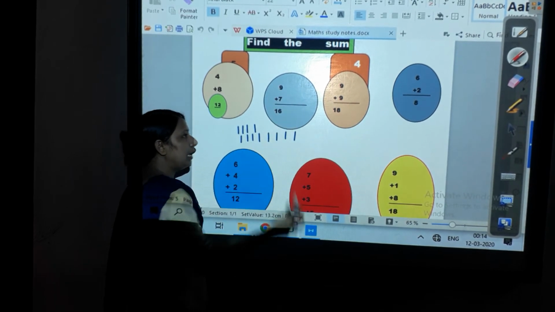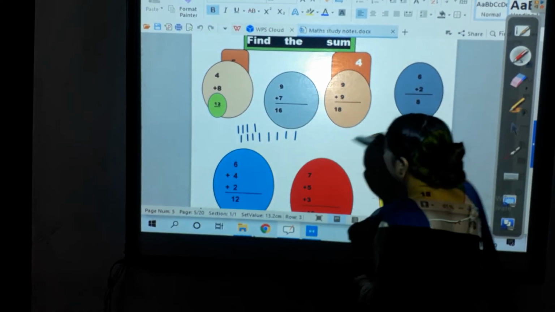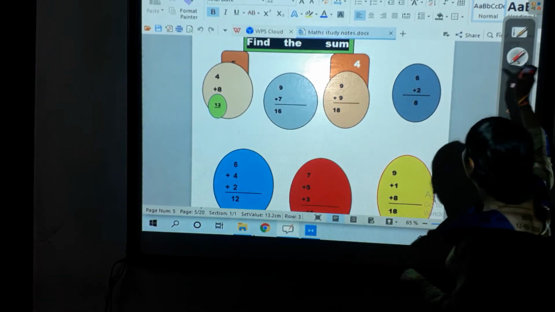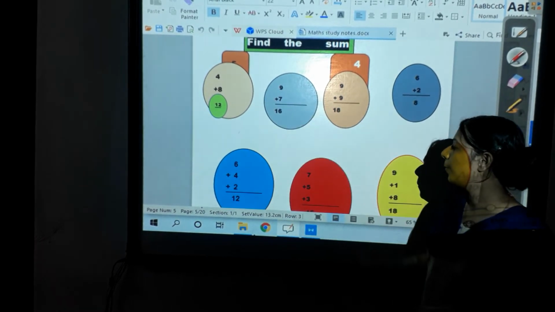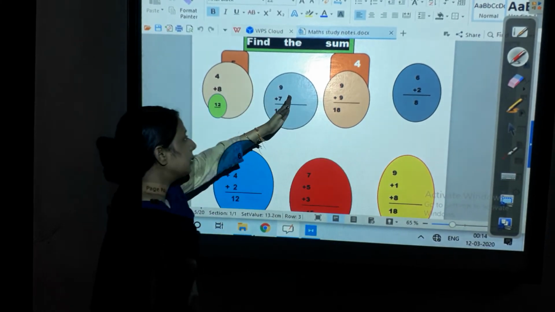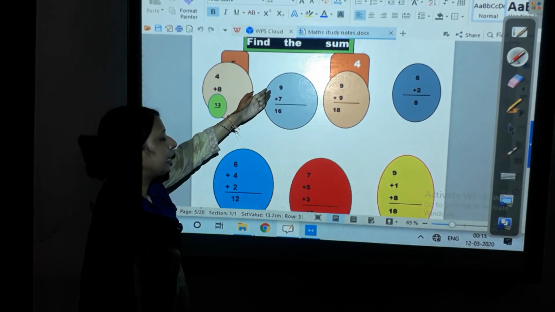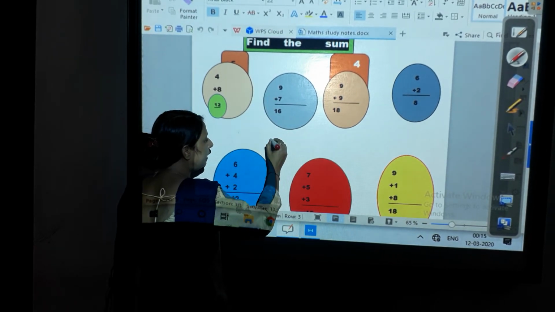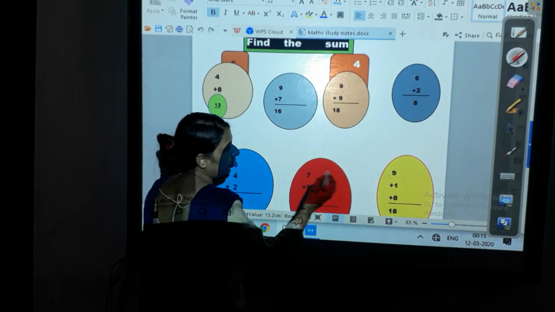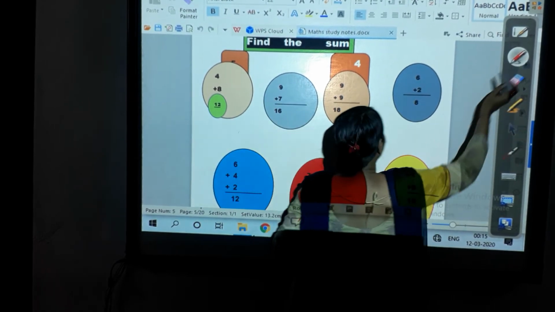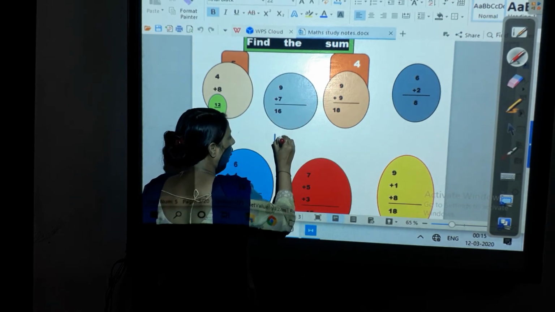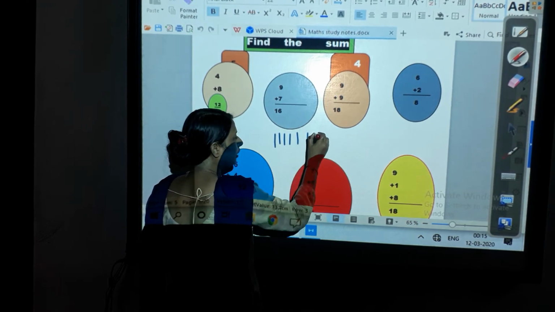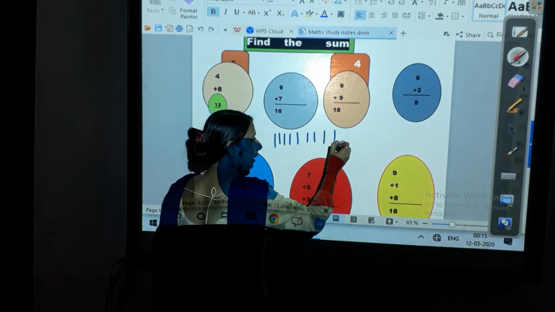Now 9 plus 7. The same process we will do with the help of this system. The first addend is 9. The second addend is 7. So let us draw the standing lines. 1, 2, 3, 4, 5, 6, 7, 8, 9.